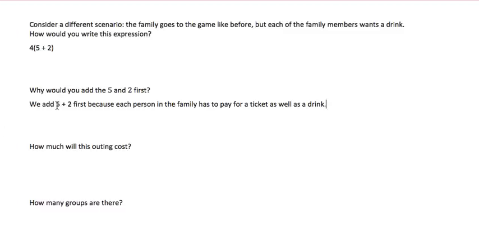So each person is going to cost $5 for the ticket plus $2 for the drink, or $7. Now this outing then will cost $28. 4 times 5 plus 2 is 28. How many groups are there? There are 4 groups.